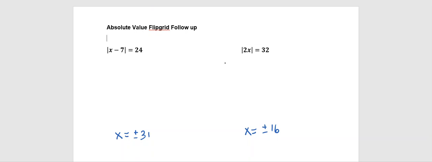So the point I'm making here is that, and we're going to work backwards again, if I started with this equation, the absolute value of 2, and I'm going to put parentheses in for where I'll put my value of x, equals 32.